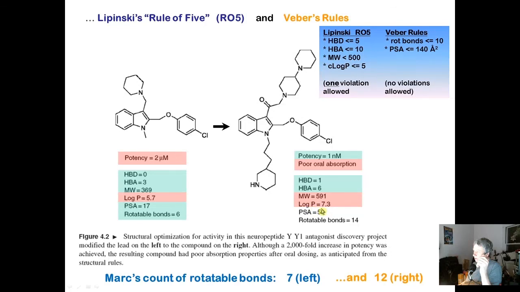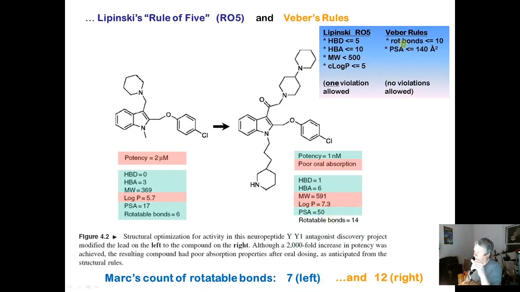Log P now, C log P, or this might be experimental. I'm not sure if it's C log P or normal log P, but it is now 7.3, so that's way above the cutoff. That's almost as greasy as cholesterol. Remember cholesterol? So this is a very greasy molecule. A little surprising that the C log P is so high.